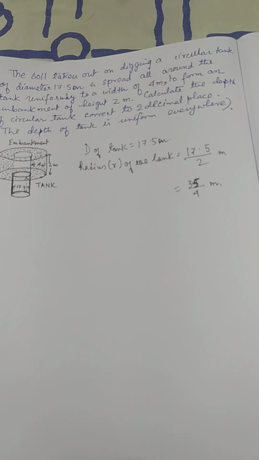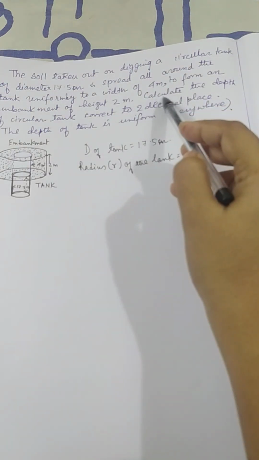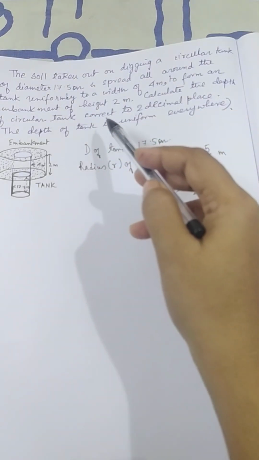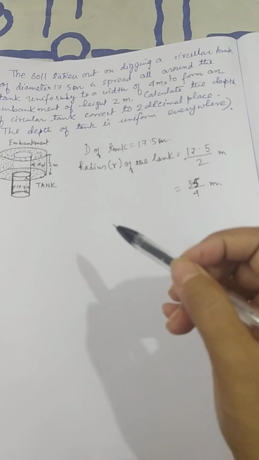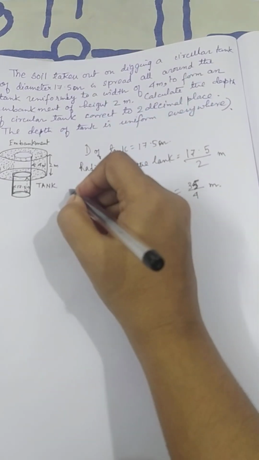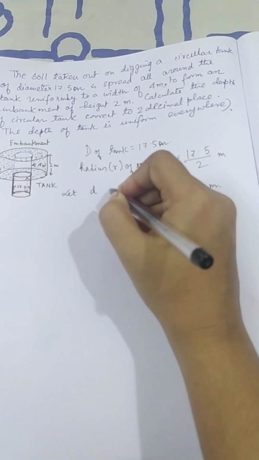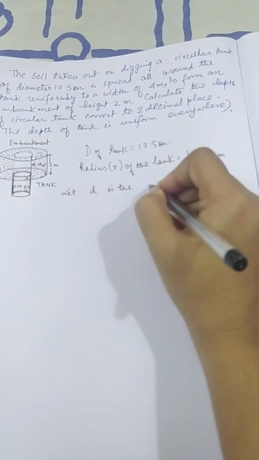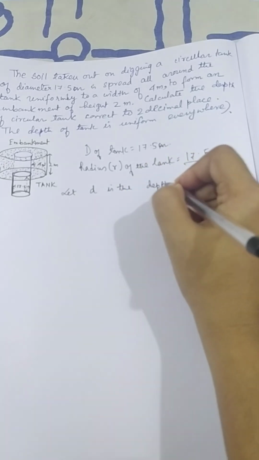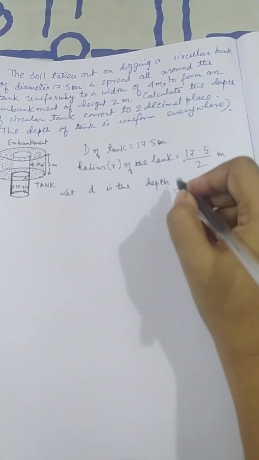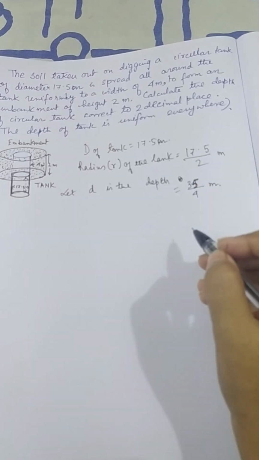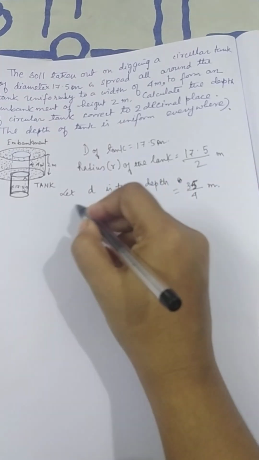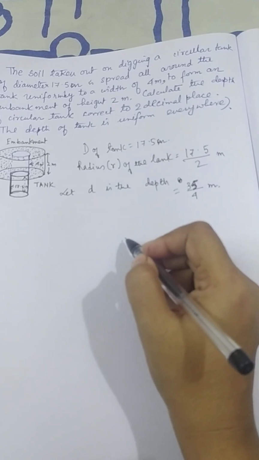Now, the question is calculate the depth of the circular tank. So, let us take the depth of the tank is D. Let D is the depth.